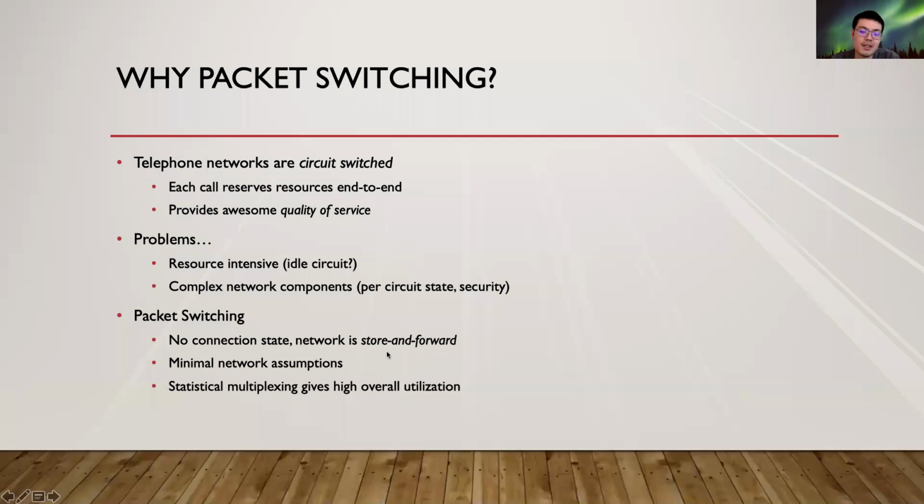If I don't have enough capacity, I will drop some packets, or I tell the sender, hey, you should back off, don't send so fast. So there's really no connection state necessary. Everyone is sharing the router and the links, and there are minimal network assumptions. You don't need such complex designs because now it's very simple. It's a packet and then I store and forward.